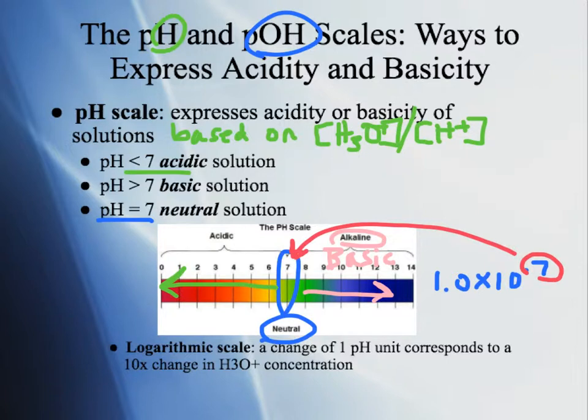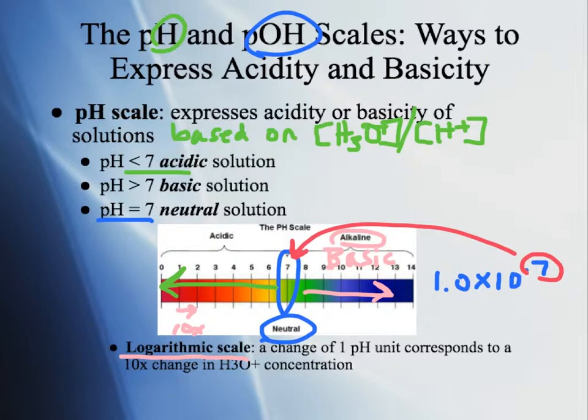Now this pH scale is what we call a logarithmic scale. Basically what that means is that, remember, a logarithm is based on 10. And so a change of 1 pH unit corresponds to a 10 times change in the hydronium or hydrogen ion concentration. So going from a pH of 1 to a pH of 2 is 10 times as many hydrogen ions.